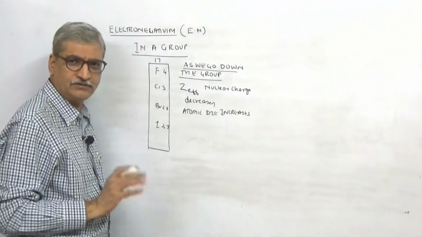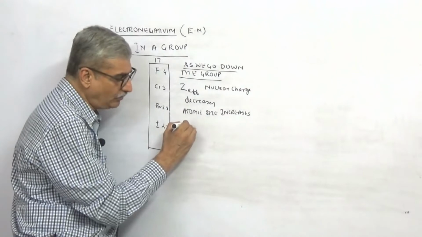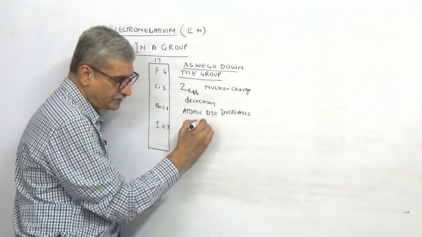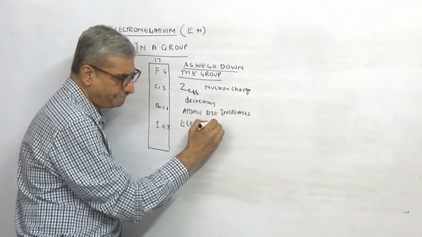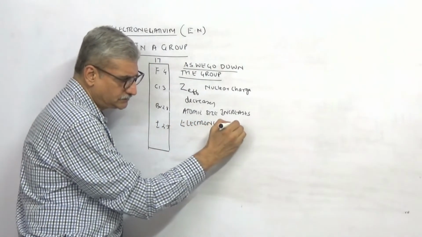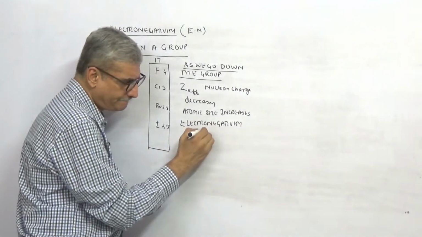So pulling somebody's electron becomes difficult. So electronegativity decreases.